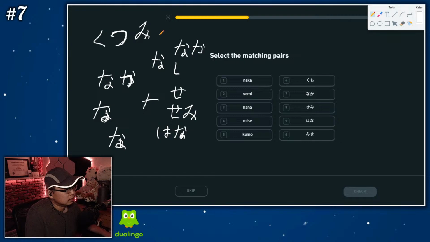Me, say. I'm doing this. I feel like this way. Me say, kumo, ku. Okay.